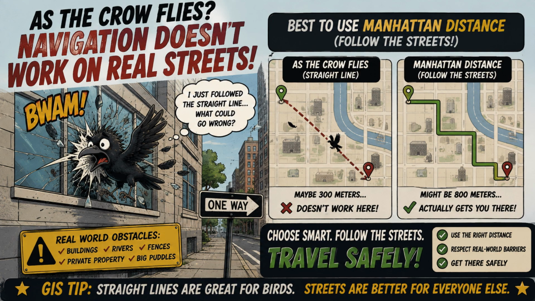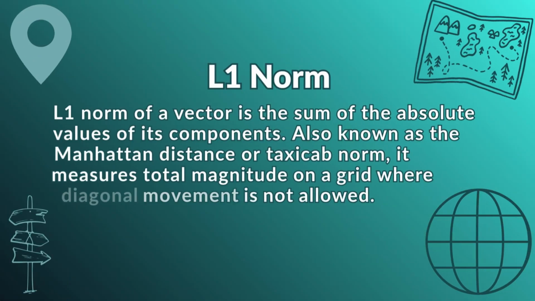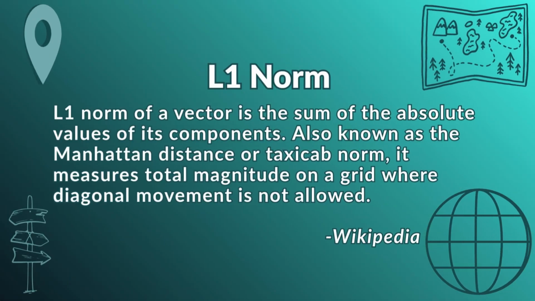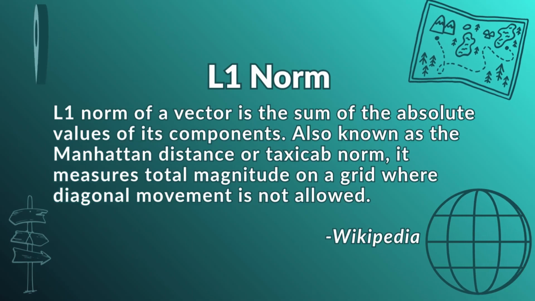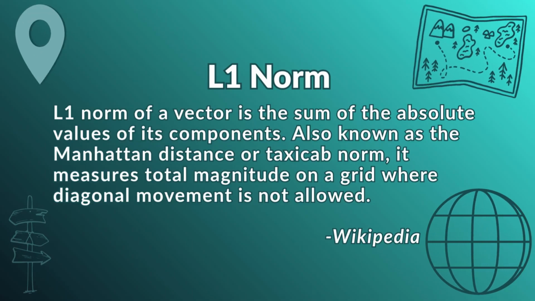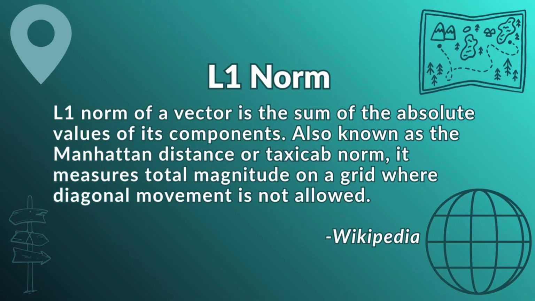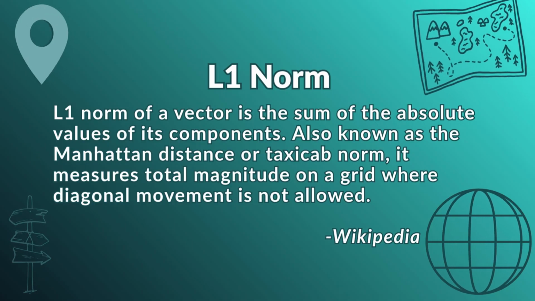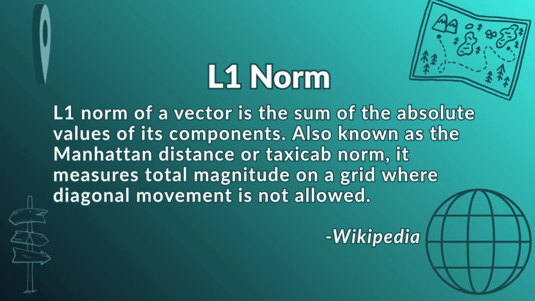Which requires the software to abandon the Euclidean plane entirely and adopt the Manhattan metric. The L1 norm. Yes, also known mathematically as the L1 norm. The software algorithm calculates distance constrained to a grid-like network. The fundamental math of spatial interaction changes entirely when movement is forced into a zigzag pattern.